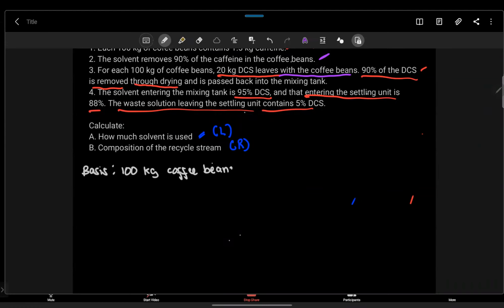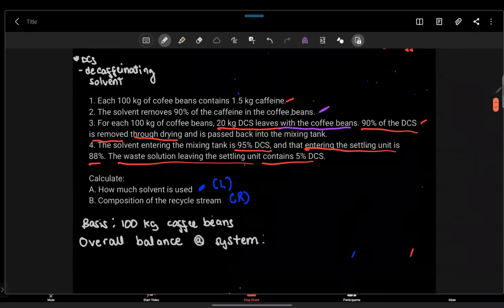Okay. Now, let's perform first, diba, yung tinatawag nating overall balance around the whole system. Okay? As if you are considering the whole system as a single unit.